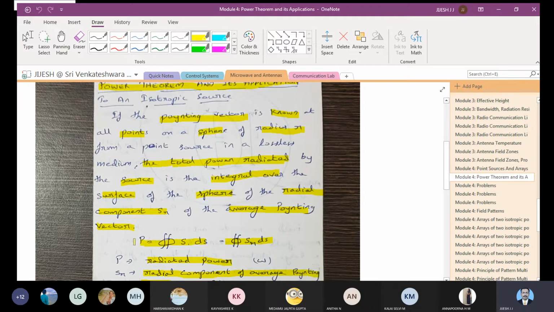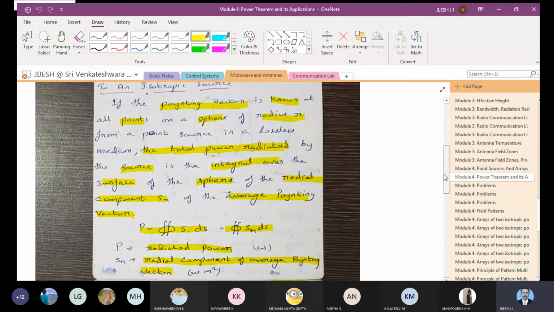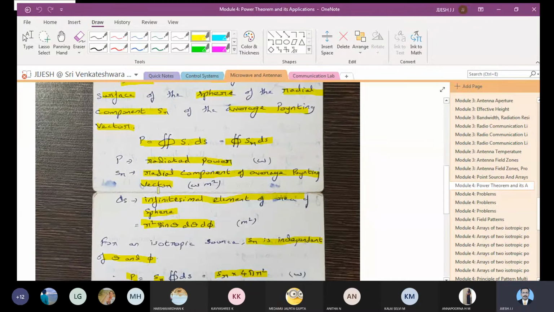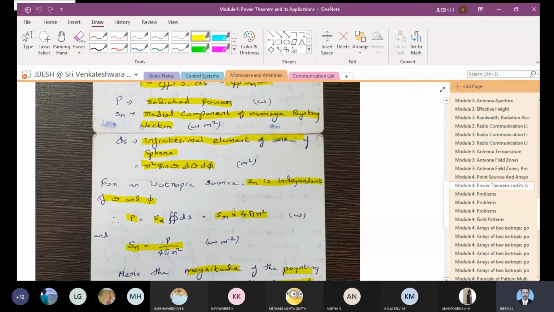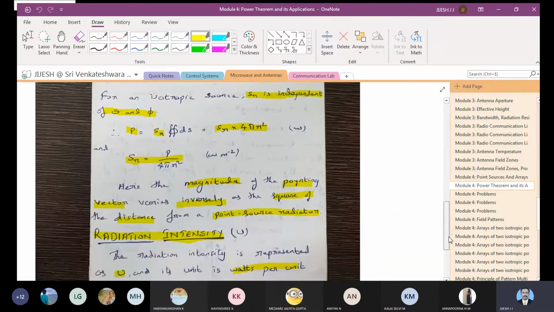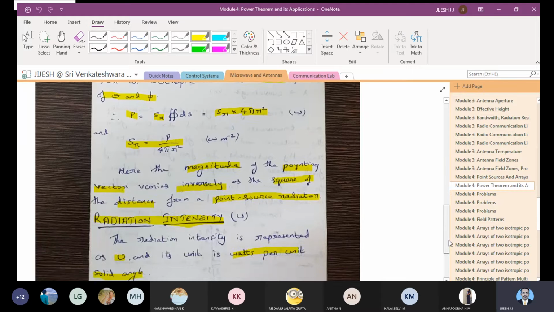We get P equal to the closed integral of S dot ds, and we have written SR ds. The equation for ds is r square sin theta d theta d phi. P can be written as SR into the closed integral of ds, and when you substitute 4 pi r square, you get SR equal to P divided by 4 pi r square. This is what we obtained in the power theorem.